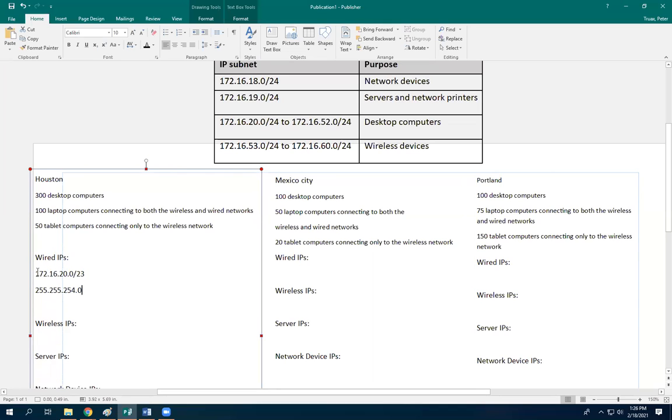So your default gateway is going to be the address of the router you're going to attach to, because in order to get out to the internet, you're going to need a router.